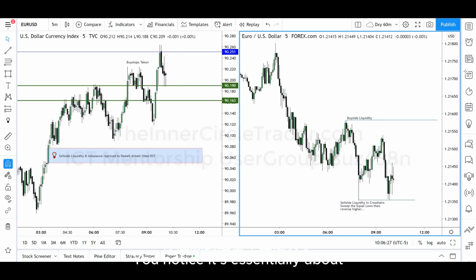Okay, you can notice it's essentially about 7 minutes after 10 at the time of the recording. Notice it is not the replay feature. The candles are forming dynamically. They're not static new candles.